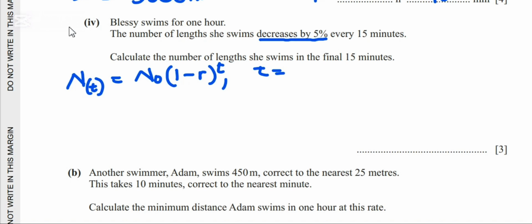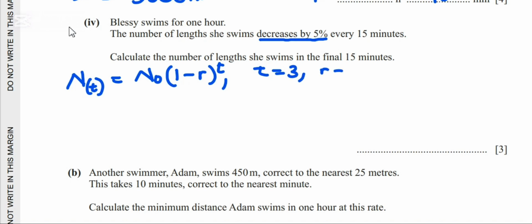We determine t by considering an hour having 4 quarters. So 15 minutes is the first quarter, 30 minutes is the second quarter, 45 minutes is the third quarter. Now, because they are saying in the final 15 minutes, it means Blessy has already swum 3 quarters of an hour. So here t is 3.